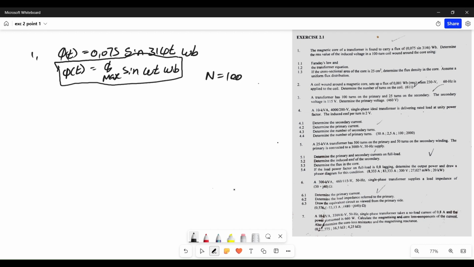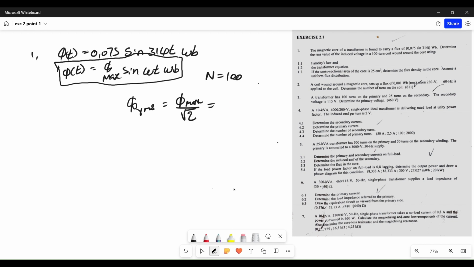So what we're gonna do, we know that every time we do calculations, we have to use RMS values. So first of all, we will have to convert the maximum flux to RMS. To convert to RMS, we say flux maximum divided by root 2.